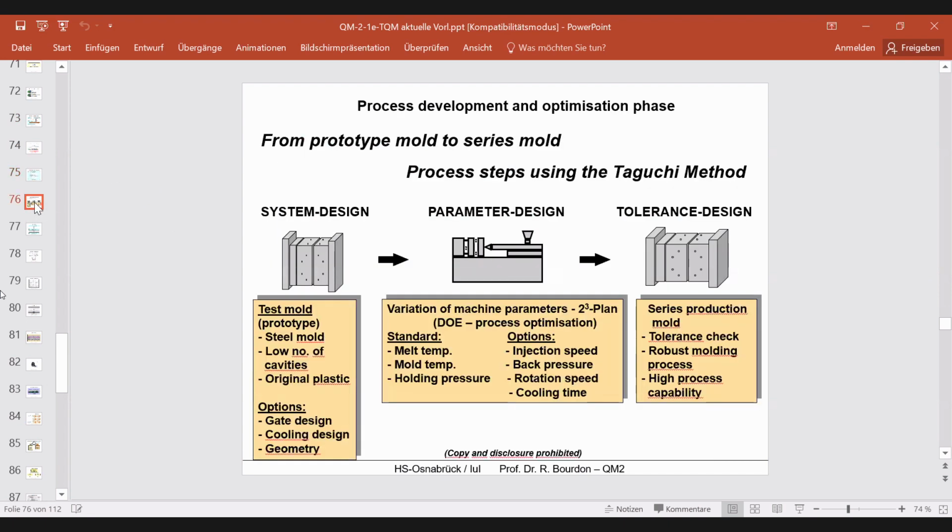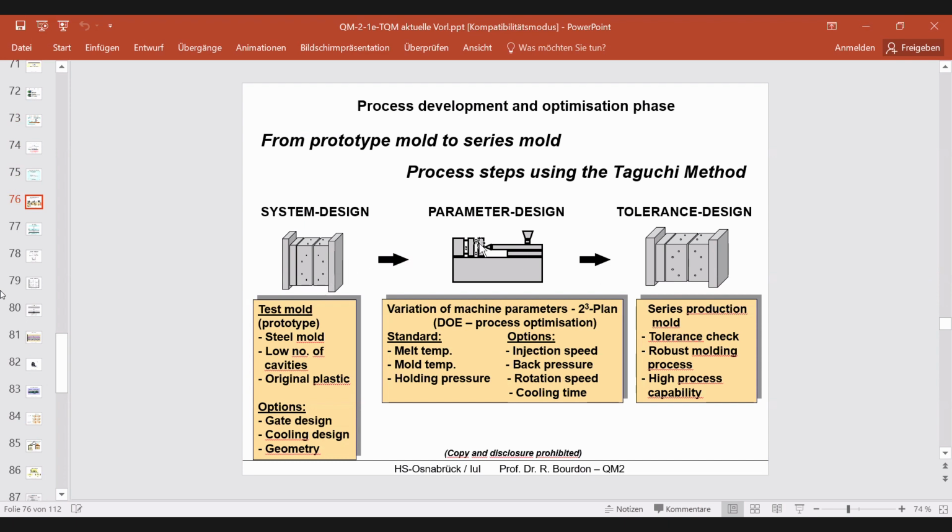All these things are preventive concepts to reduce systematic variation. Now, this is an example how to use DOE methods. DOE methods are used at first in the beginning of the process before starting the series production. Maybe you have a prototype tool, but this prototype tool, this test process, has to be similar or nearly the same as the later production process.